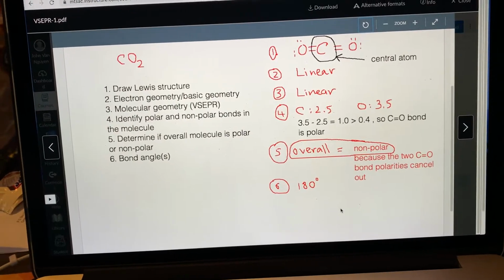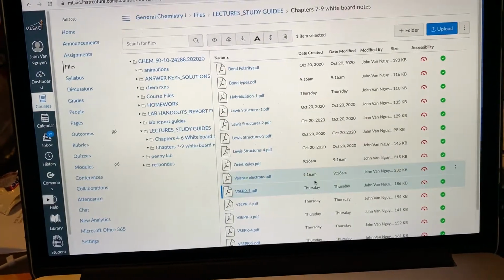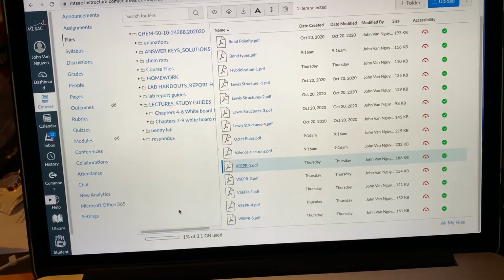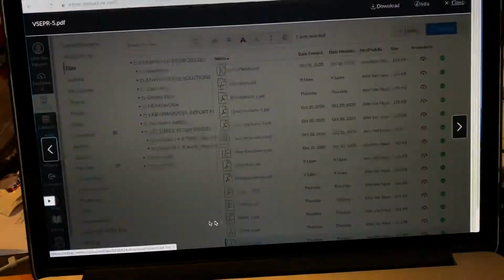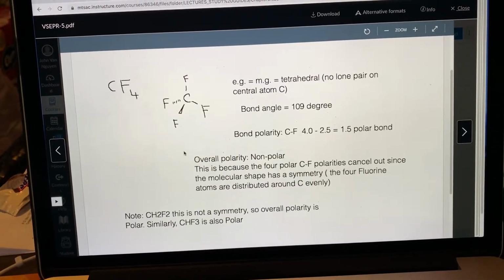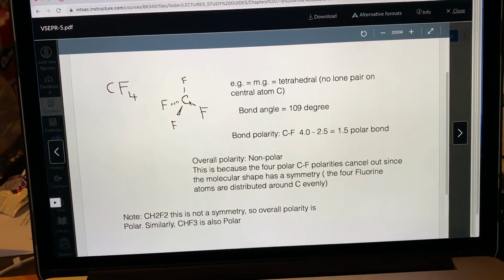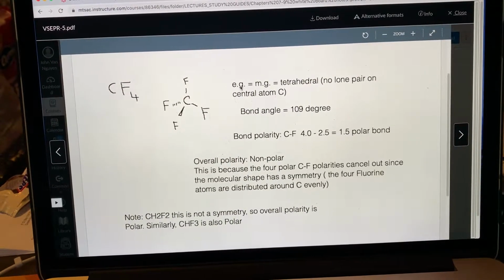So don't forget that table in chapter 8. So yeah, you can go through all that, and I'm picking one from the bottom here. CF4, you got a carbon in the center, and 4 fluorine.